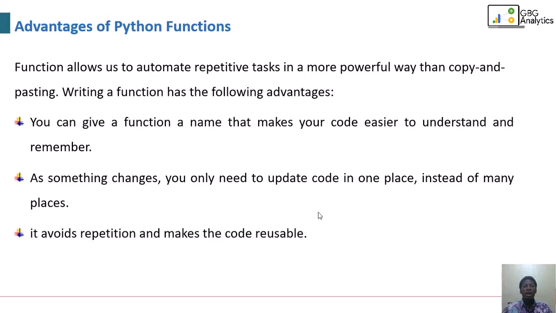A function also helps you to avoid repetition and also makes your code reusable. Function improves maintainability of your code. So it means that you'll be able to maintain your code with the help of a function.